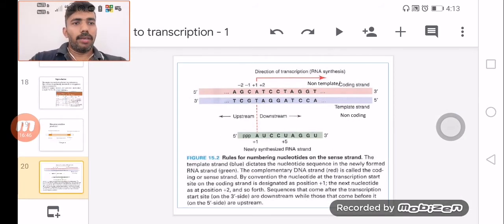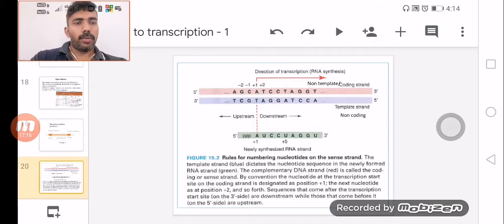So conventionally we have certain notations also used in the gene. That means the point from where the coding region comes, where transcription begins, is usually denoted as the +1 site. So the +1 site means from that particular base the transcription is going to initiate, right?